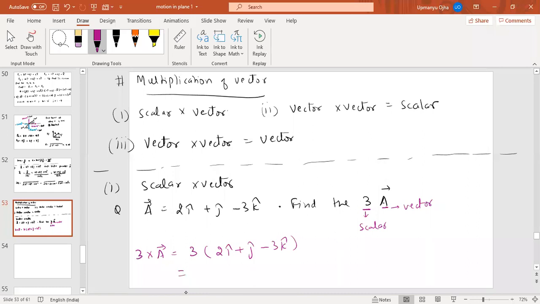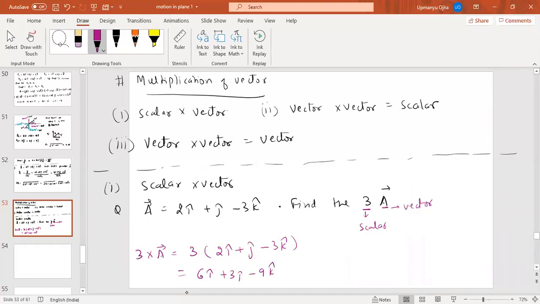If you multiply 3 with 2, you get 6i cap. 3 into 1 means 3j cap. 3 into minus 3 is minus 9k cap. That is the normal multiplication. Just multiply 3 with each and every quantity, I cap, j cap and k cap, and you will get the answer.